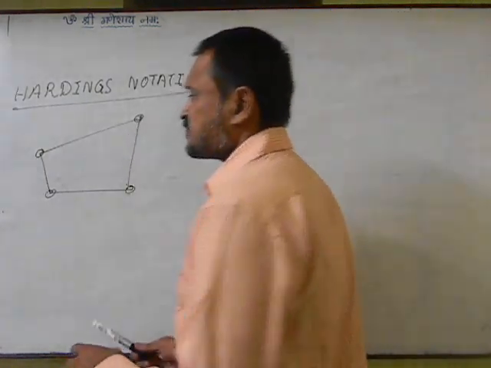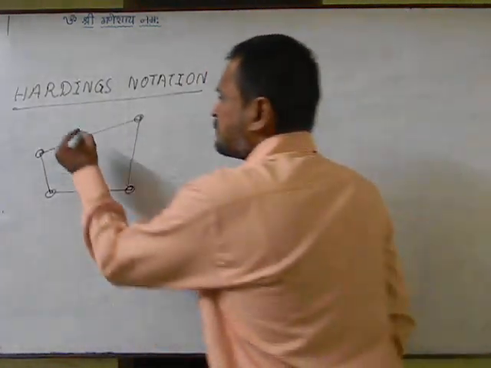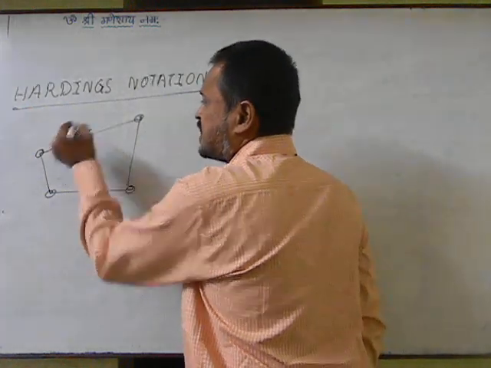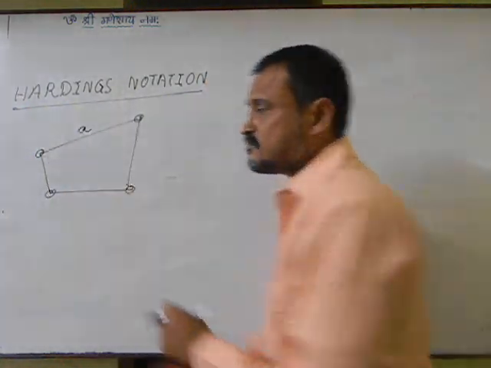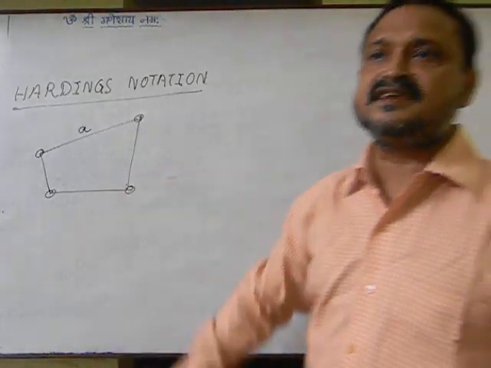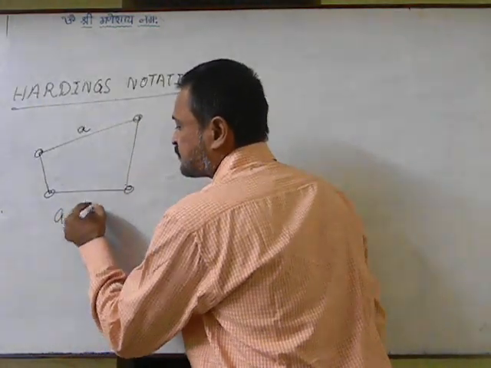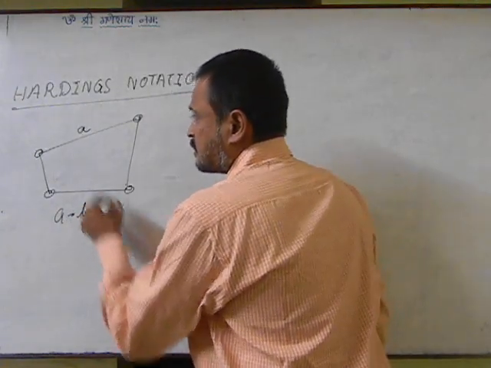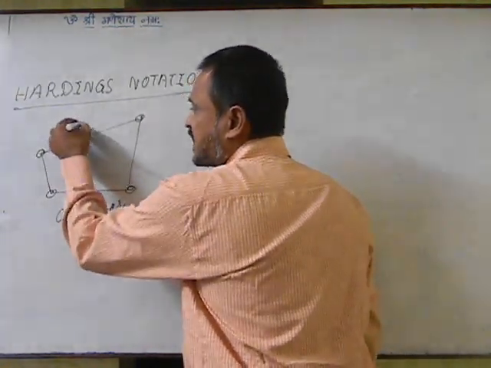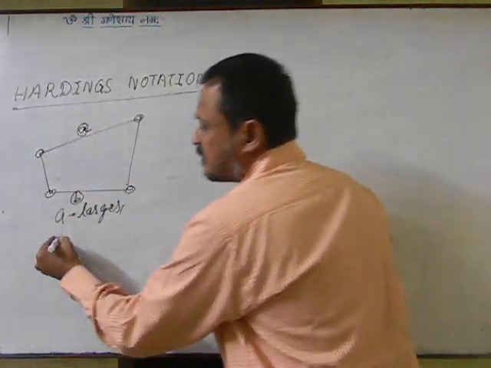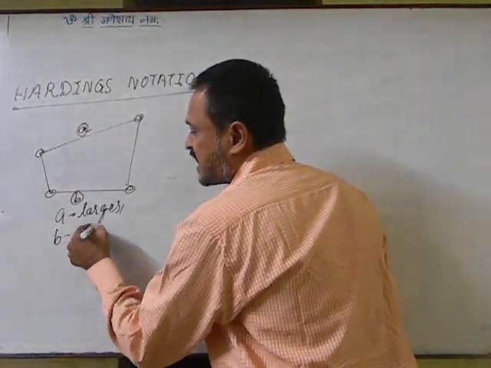Now here, let us say we name it A. Whatever alphabet I am denoting, these are all the lengths, right? Now A is the largest one. B is opposite to the largest.